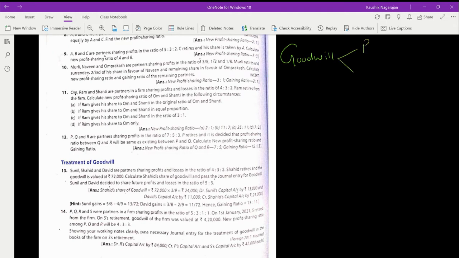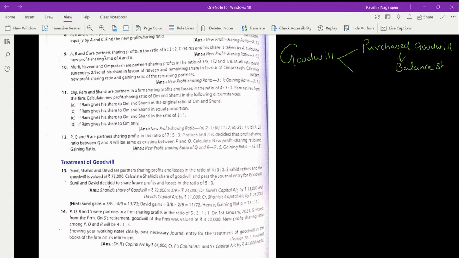The first one is purchased goodwill. The purchased goodwill will be appearing in the balance sheet.